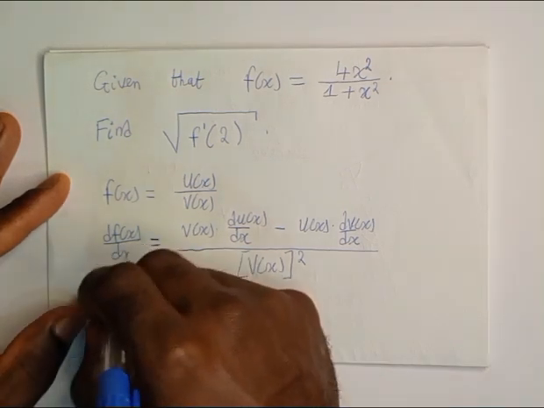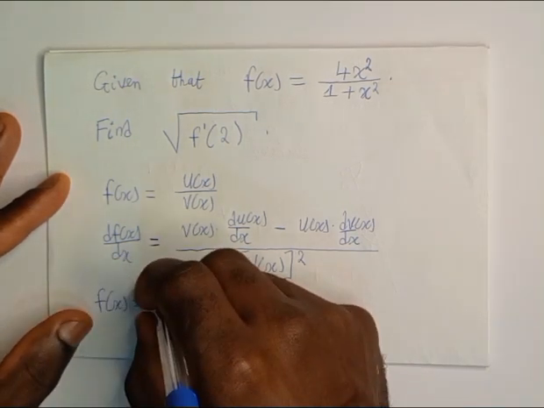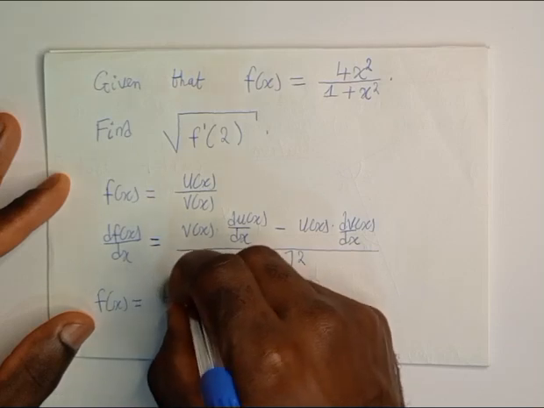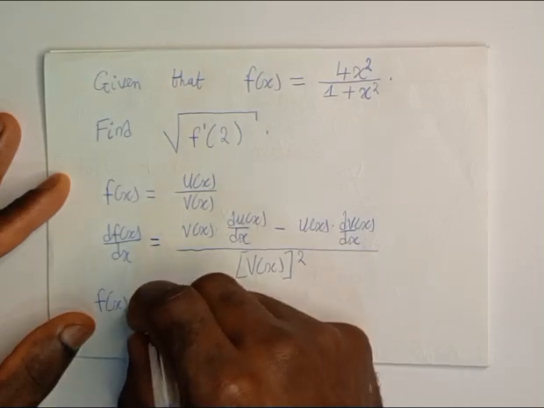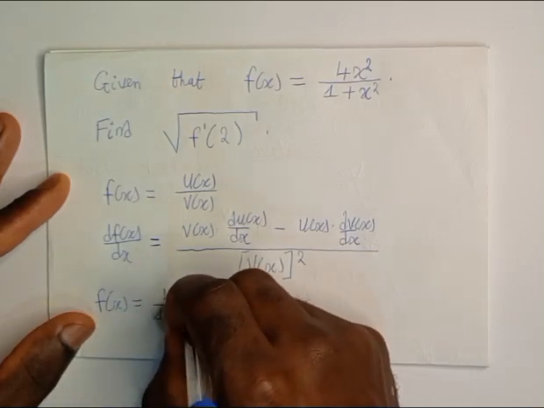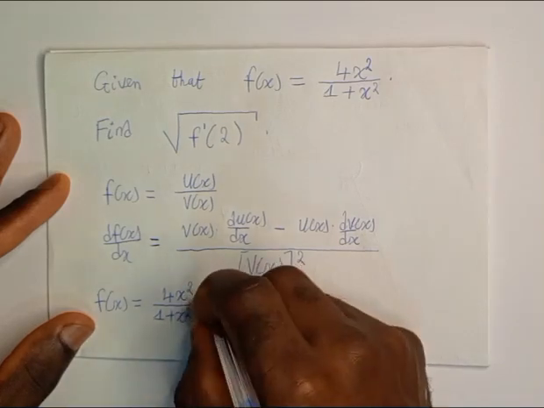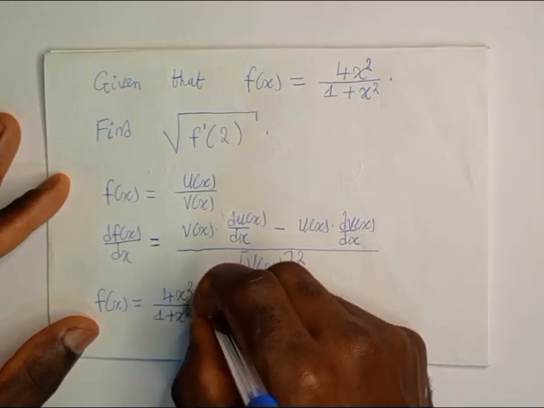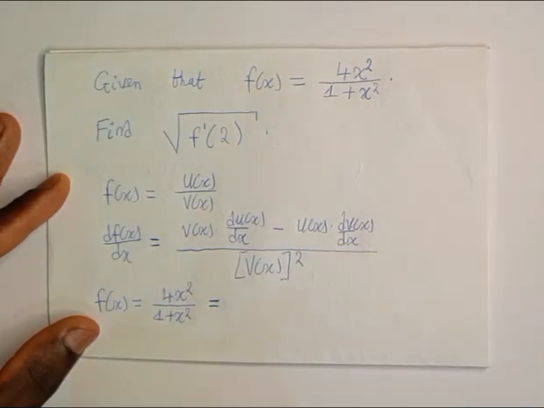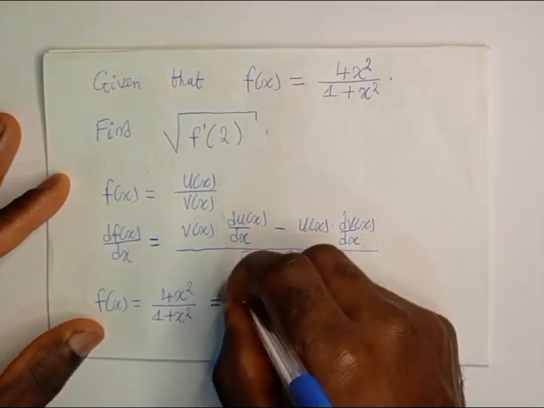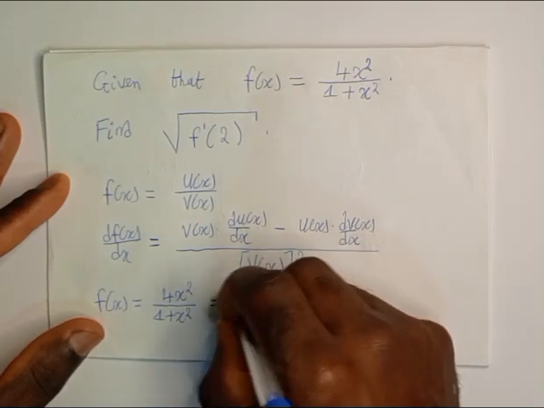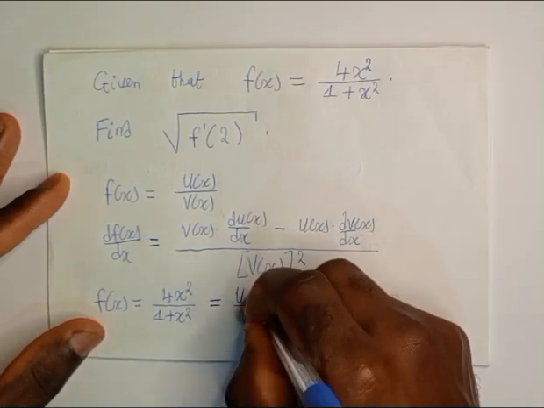We have our function f of x equal to 4x squared all over 1 plus x squared. This is the same as the function u of x on v of x.